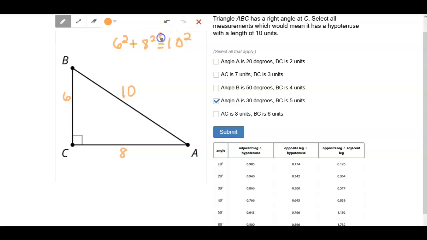Again, I'm just going to put my little question mark up here to show that I'm checking to see if those two sides are equal. 6 squared is 36, 8 squared is 64, 10 squared is 100. 36 and 64 is 100. That is equal to 100, so this one would also work.